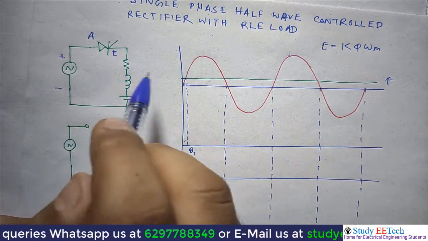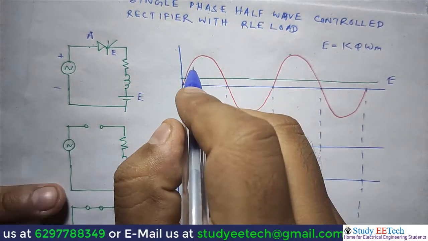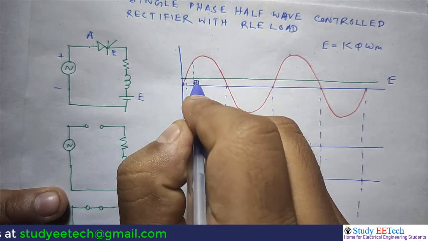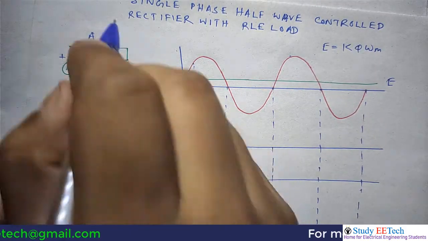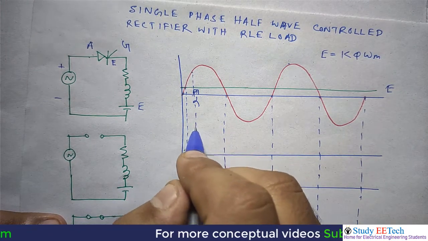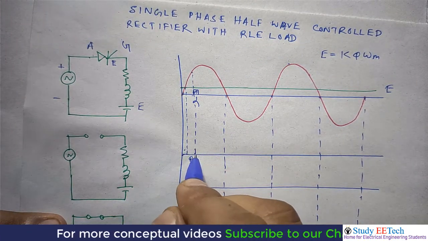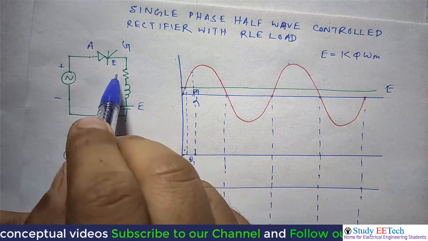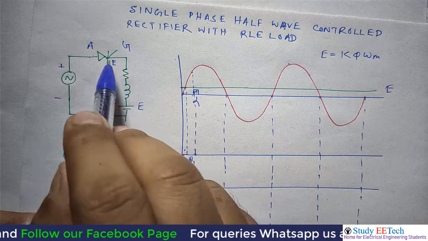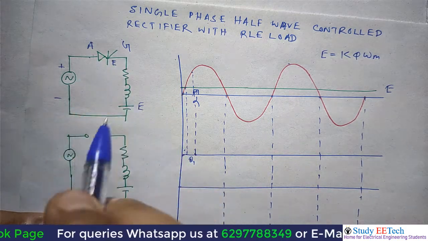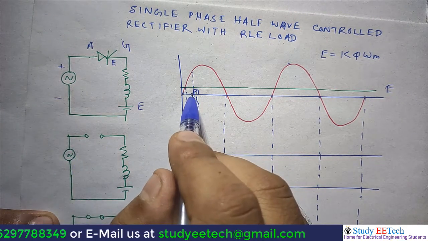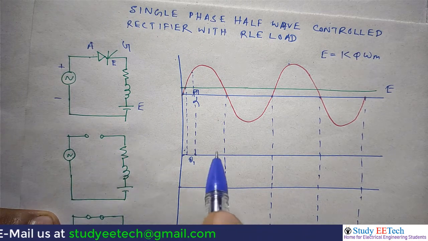Moving forward, let us say we are triggering the thyristor at some point here, alpha. We are giving a short pulse to the thyristor through the gate terminal, and the thyristor turns on. Until this alpha point is reached, the current through the load does not increase, because even though the thyristor is forward biased, it remains in off state, since it will not conduct until we trigger it.